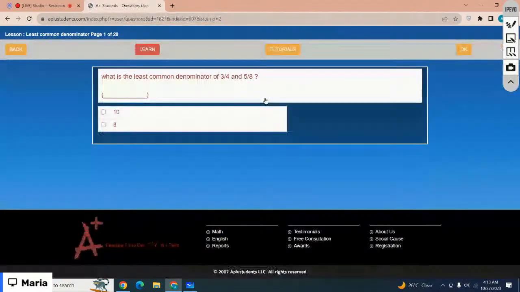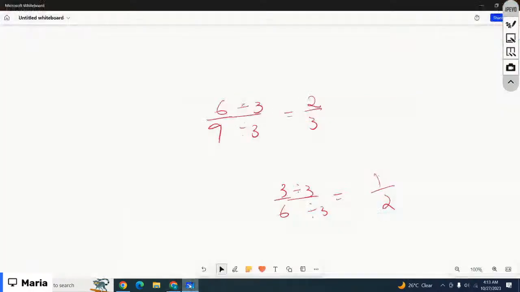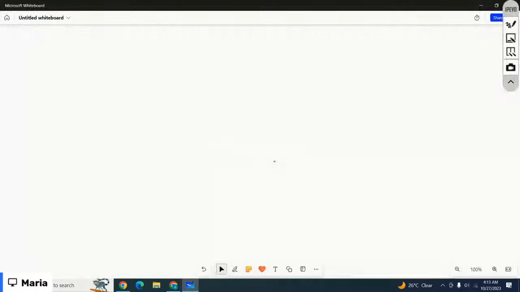Okay, what is the least common denominator of 3 by 4 and 5 over 8? Okay, so here the denominators are 4 and 8, right? You have to write down the multiples of both the numbers.